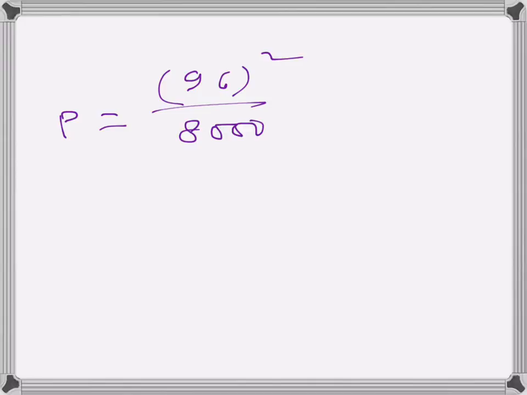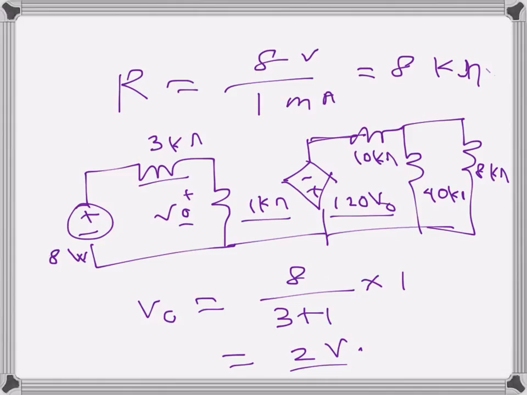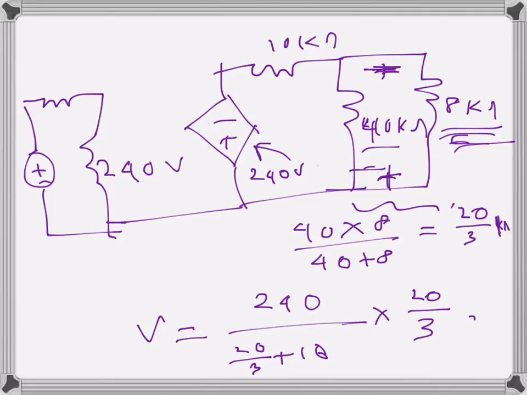We have to be very careful here, because the voltage is in volts but the resistance is in kilo ohms, so that has to be in ohms. And this gives me 1.152 watts. So that is the maximum power dissipated by a resistance connected to terminals A and B, and the value of the resistance we calculated earlier, 8 kilo ohms, through which we have calculated the power.